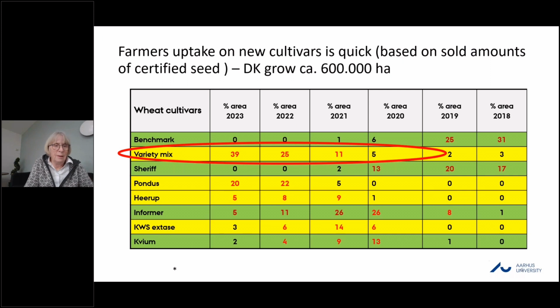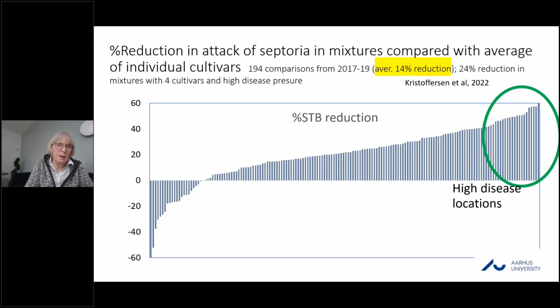The other varieties which are grown to a major extent are those which also have good resistance in general. So farmers really try to grow varieties with good resistance, and variety mixture is part of that equation.